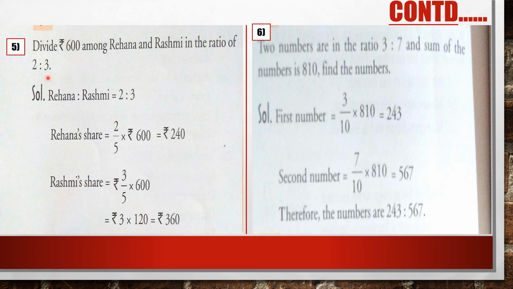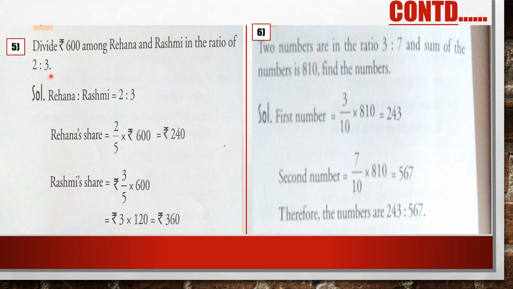In order to do so, first find the total part. The total part is 2 plus 3 equal to 5. So what is Rehana's share? Out of 5, Rehana would get only 2 part. What is Rashmi's share? Out of 5, Rashmi would get only 3 part.